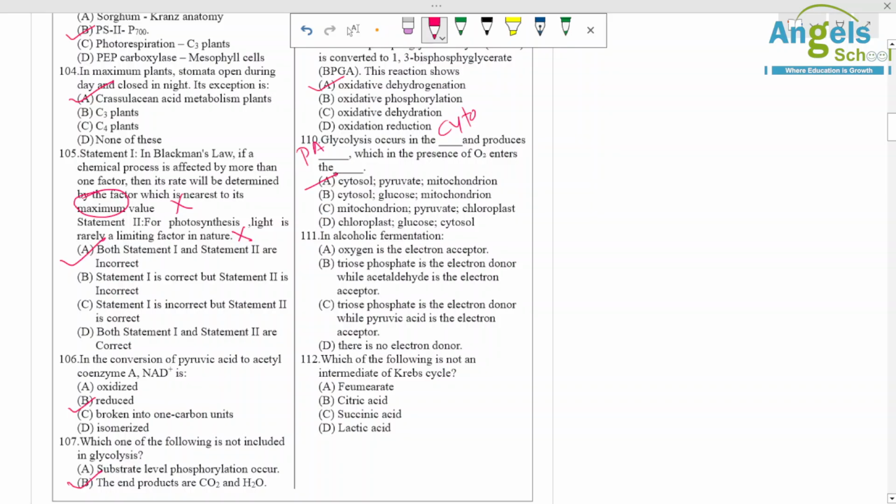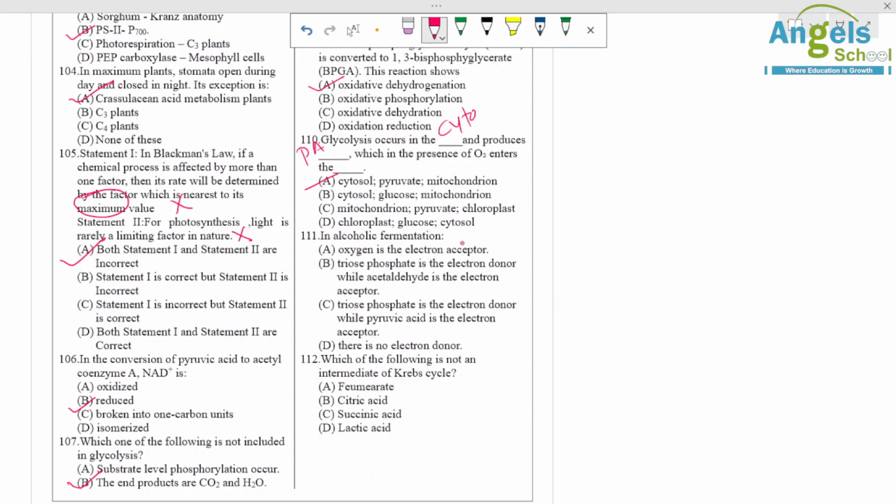Question number 111. In alcoholic fermentation, what happens? Choose the correct option. Option A, oxygen is the electron acceptor. B, triose phosphate is the electron donor, while acetaldehyde is the electron acceptor.